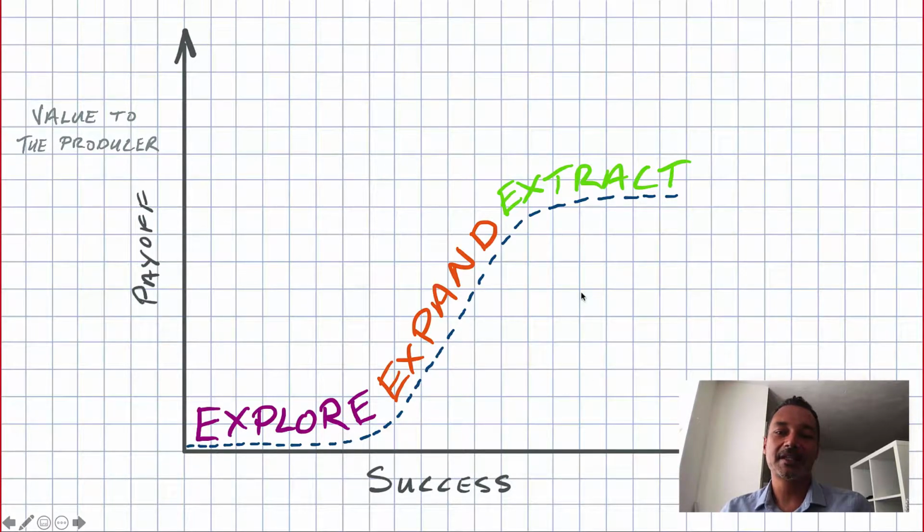And what he kind of says is XP and other agile methods are somewhere around here. Aspects of XP help with eXplore, but not necessarily all of them. Aspects of XP can help with eXpand, and aspects of XP can help with eXtract, but on its own it may not necessarily work that well in the way that he originally envisioned it in the eXtract space.